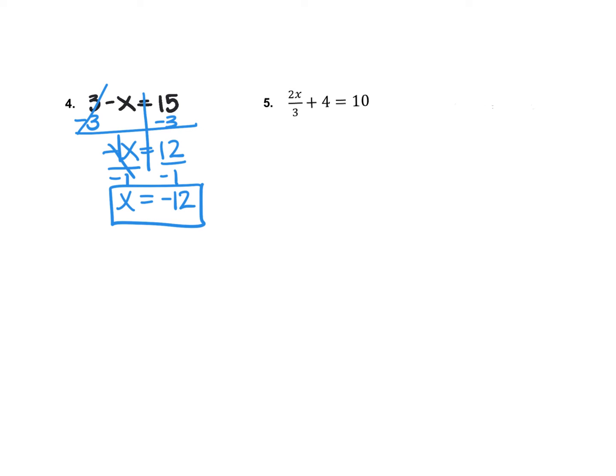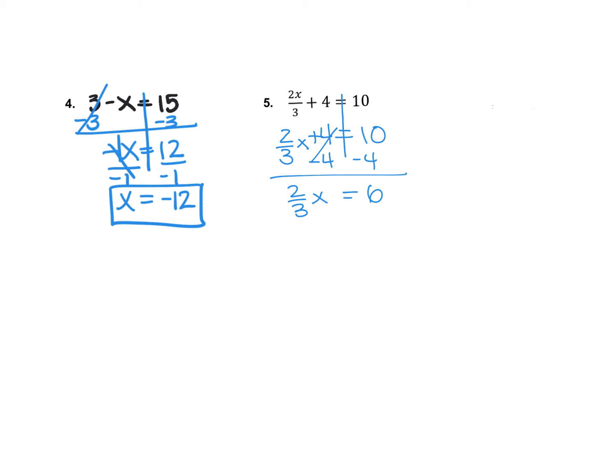And for number 5, it's written 2x all over 3 plus 4 is equal to 10. I think the best way to do this one, so it's not so confusing, is we can rewrite this as 2/3 x plus 4 is equal to 10. And so when we do that, now we can subtract our 4, and I'll have 6 equal to 2/3 x.